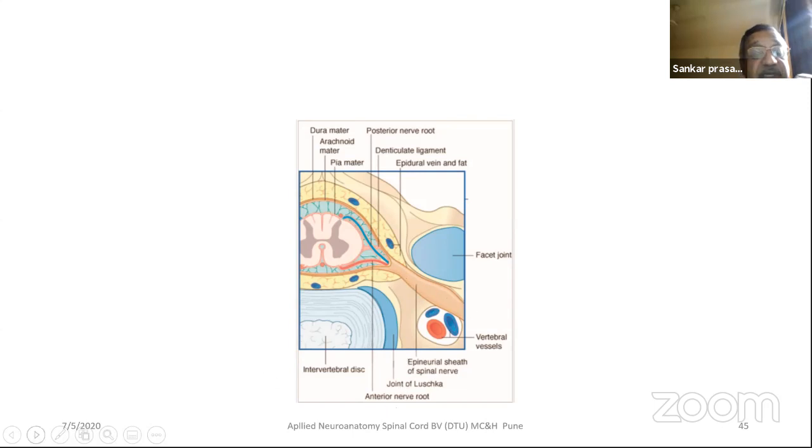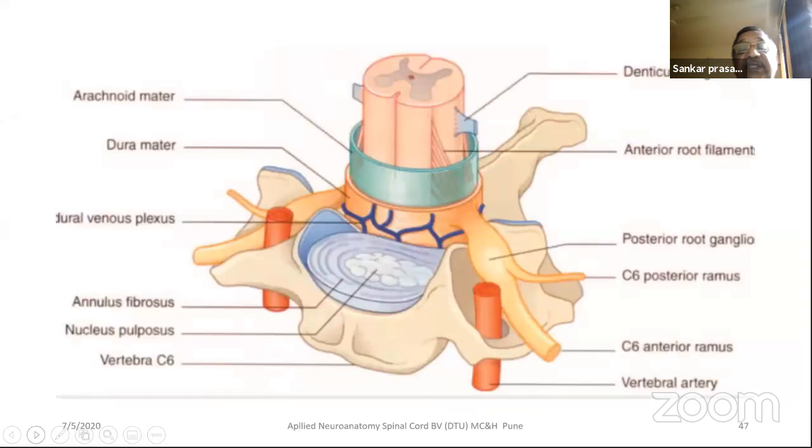Right? We have seen this, and the importance of this is the annulus fibrosus and nucleus pulposus, which can herniate and cause a lot of pain. Whenever a prolapsed intervertebral disc is there, the main symptoms are radiculopathy features.